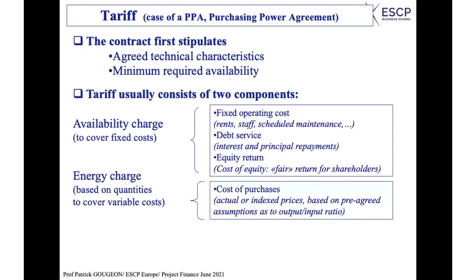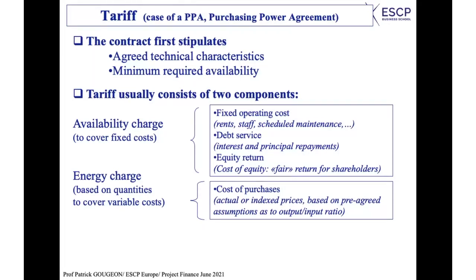Okay, and based also on the price of gas, which usually would be fixed with another contract with the suppliers, and which will be taken into account to fix the cost of purchases and the energy charge, as we call it. Okay, it is pre-agreed, but indeed it can be indexed because you cannot assume that the price will remain the same over the 20 coming years if you have a 20 years concession.